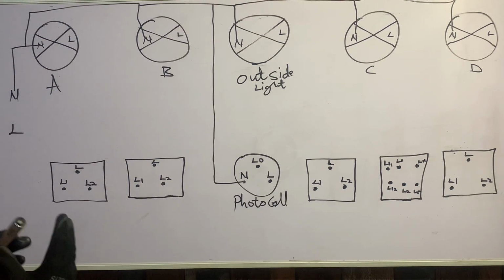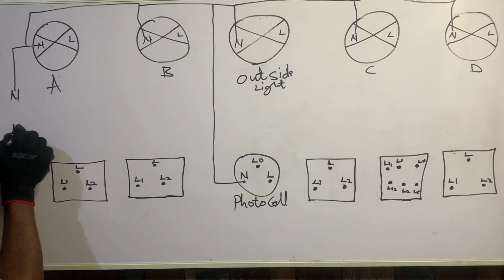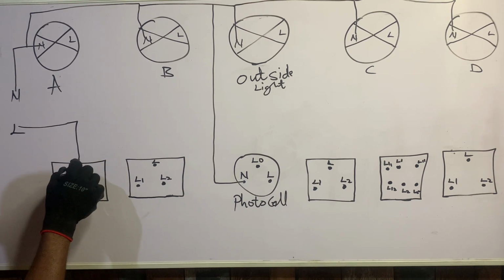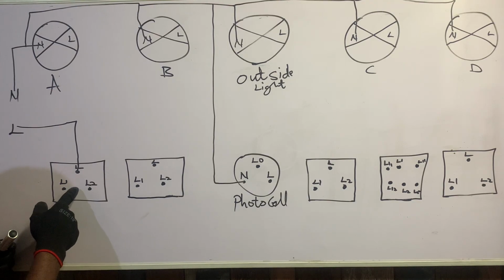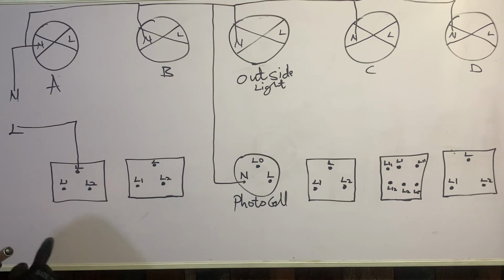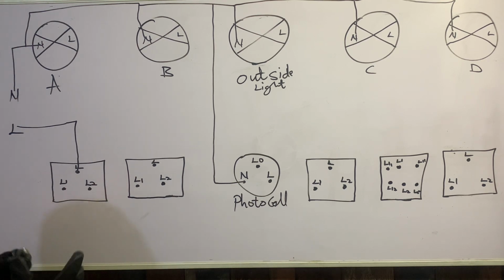So we need our power supply. Our power supply, we need to connect it to our switch here, which is our switch S1. So we've connected our switch S1. And what we need now is our stripers cable.